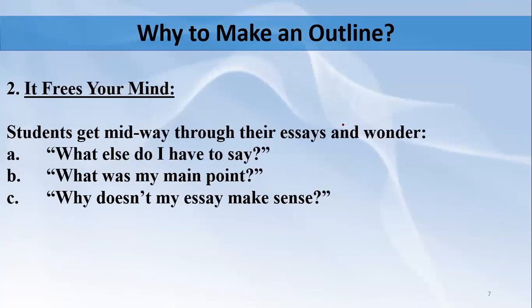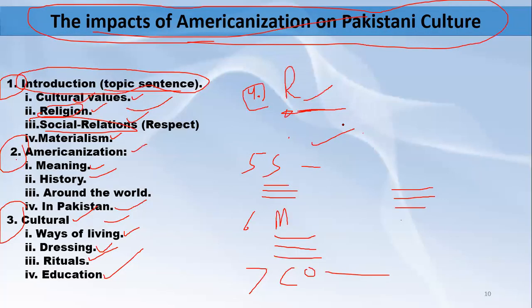On the other hand, if we create a proper outline like this, and then explain all these ideas one by one in the form of a well structured essay, our essay will be well coherent, properly organized, with a proper sequence of ideas.